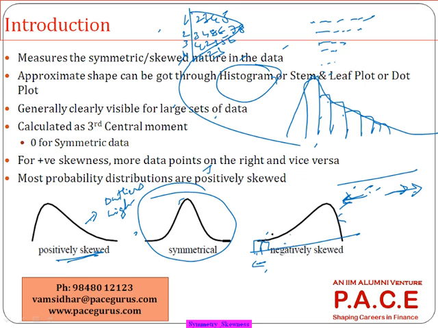Whereas when we say negatively skewed, my data would be like this: 1, 2, 3, 4, 5 and minus 100. There is one very low value which is pulling my data towards the left. My graph is getting pulled towards the left because the histogram is present somewhere even for a very low value. That's the reason my graph is coming that side.